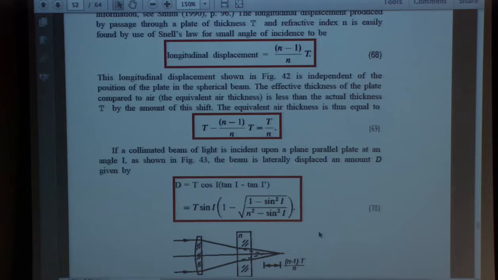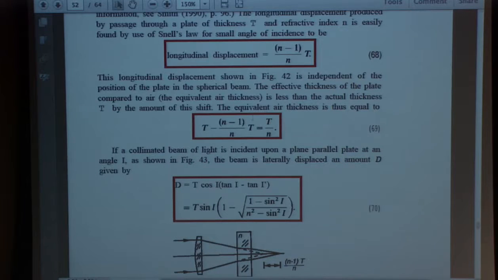And so we could calculate what the shift is. The thing that some people think about this, though, is that this window, I mean, it has some actual thickness, but it has some effective thickness. And so we say, what's the effective thickness of this plate compared to air?